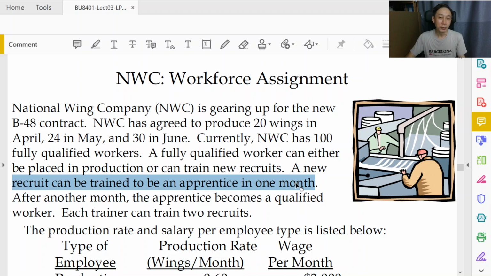Now notice how this looks so different from the financial application example we discussed earlier on. Yet, if we rephrase it, this recruit sounds like an investment option. This investment option takes 1 month to mature. This recruit takes 1 month to mature into the status called apprentice.